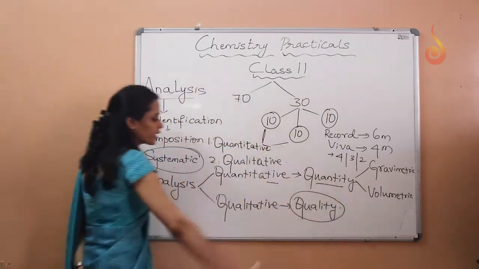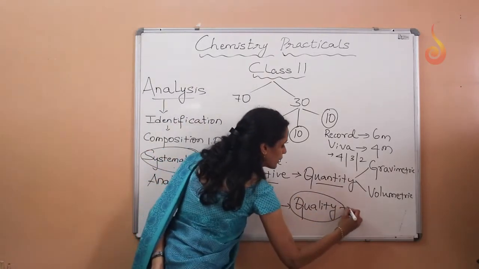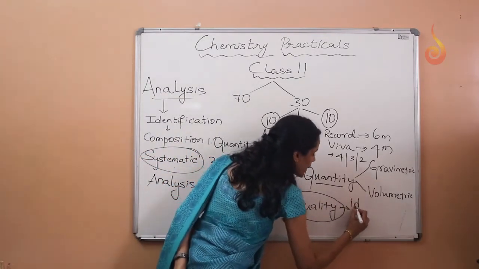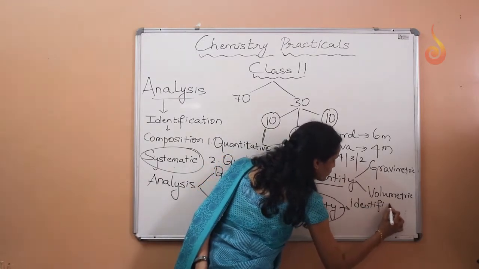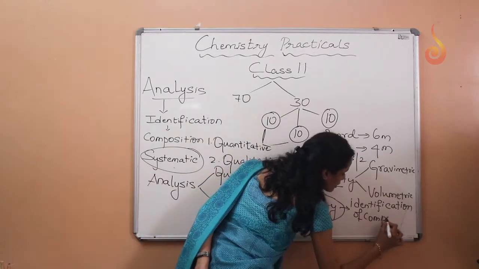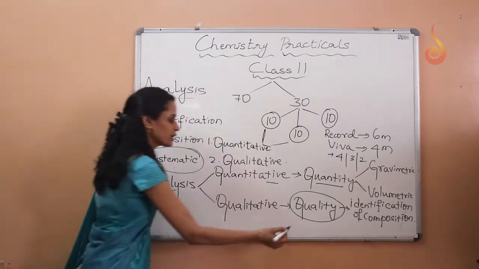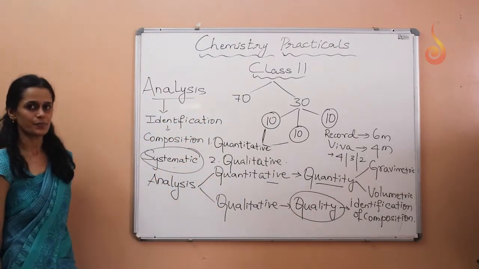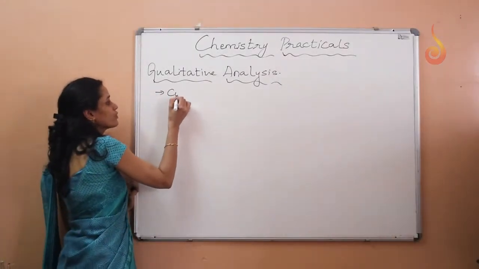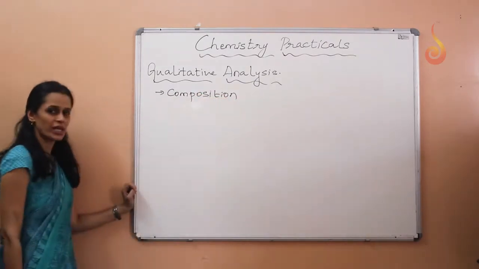Now let us just concentrate on qualitative analysis. In a simple manner, qualitative analysis is nothing but identification of the chemical composition of a compound. As we know, qualitative analysis is identification of the composition of a chemical substance.